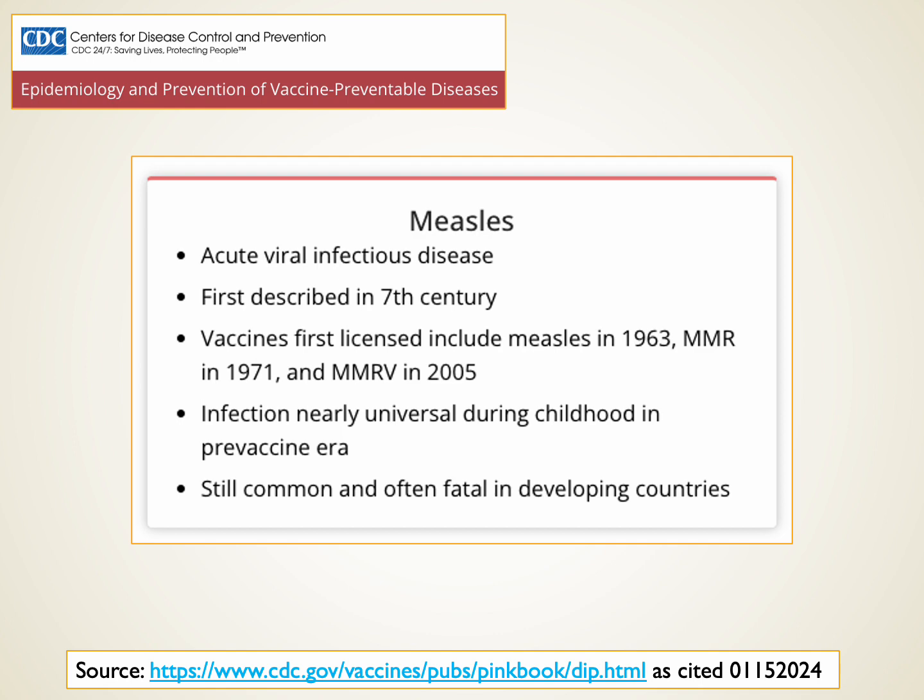It's a very common infection in the pre-vaccine era. It was almost considered universal because it is very highly contagious. It is still common and often fatal in developing countries and in pockets of the United States and North America where vaccine adherence has been less than optimal.